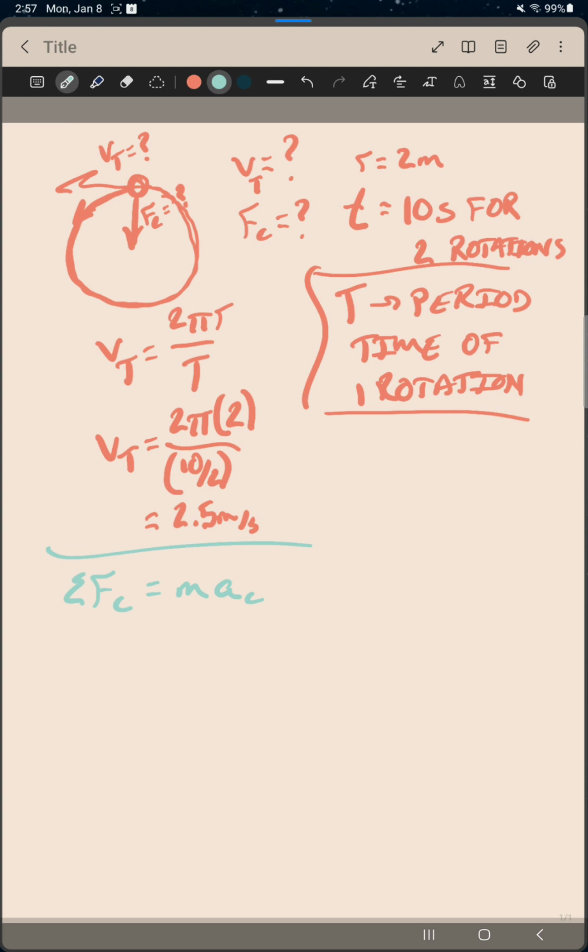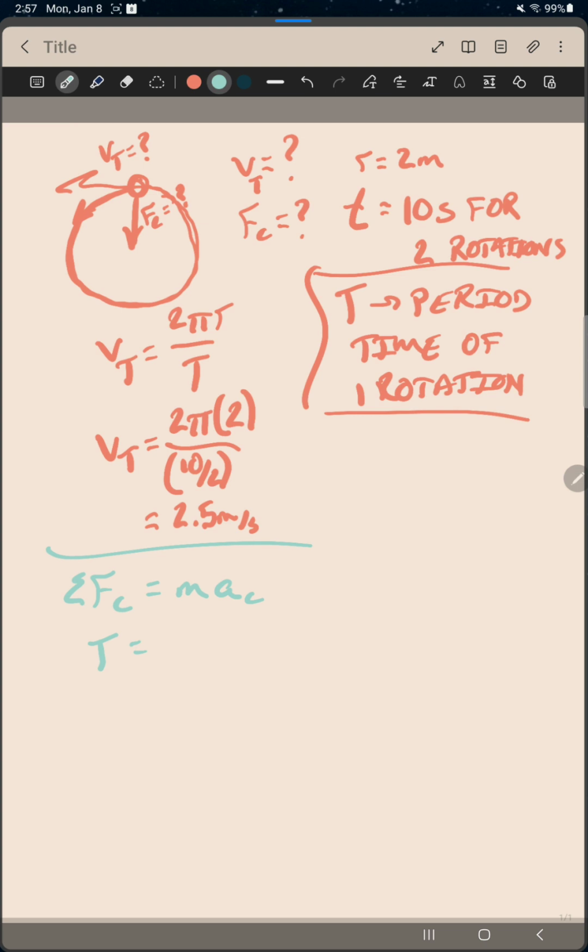For this one, we are looking for the total centripetal force, so we don't have to break Fc down. I'm going to show you another one where we have to break Fc down into the forces actually causing the centripetal motion. In this case, what's causing the centripetal force is tension in that cable, so we're looking for T.